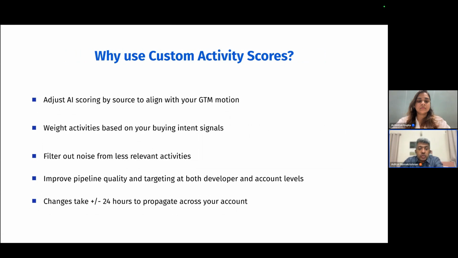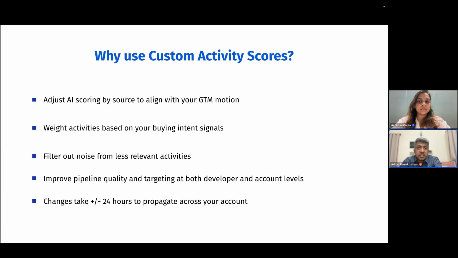And the way to use this is basically in 2 ways. Give higher weightage for activities that indicate higher buying intent versus just interest, and filter out activities that may generate a lot of signals but don't necessarily lead to buying intent. So for example, if reading documentation is a high intent signal for you, then definitely give that a high score.